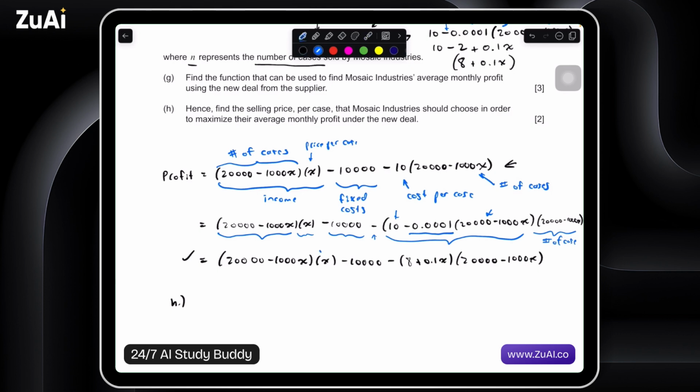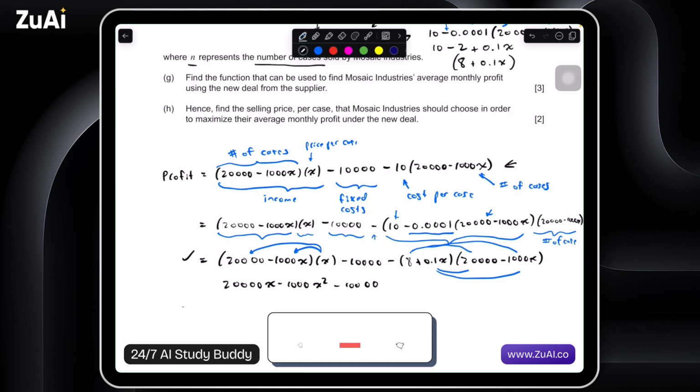Again, we'd want to expand. I'm just going to work this out as quick as I can. 20,000x minus 1,000x squared. This is still minus 10,000. And then we have what's called binomials, so we need to multiply this by this and this by this.